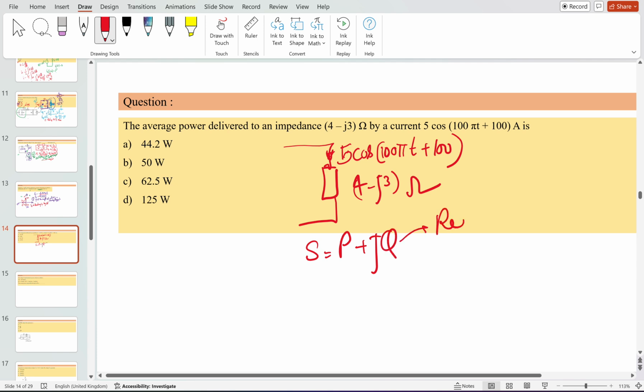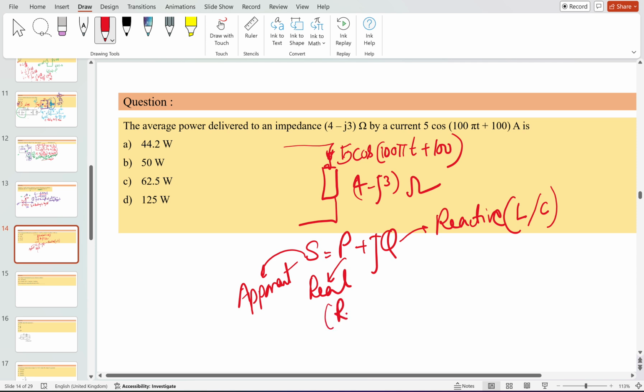Q is the reactive power, P is the real power and S is the apparent power. The reactive power which will be consumed in L or delivered by the C must depend upon the lagging and leading, and the real power is absorbed in the R only.